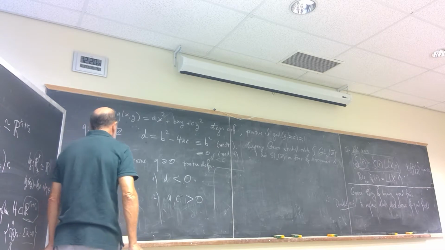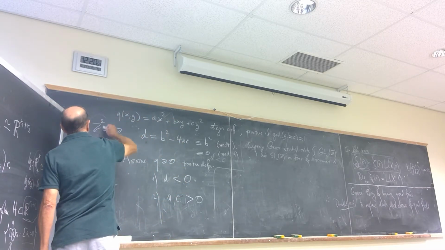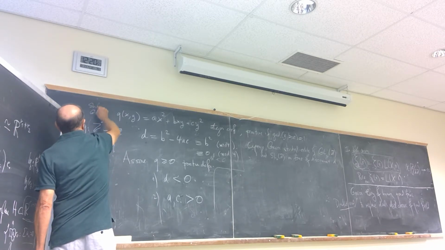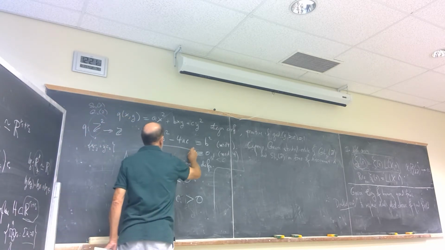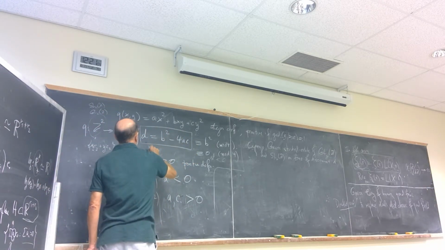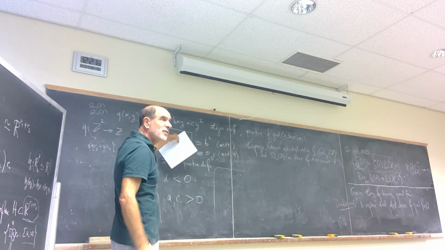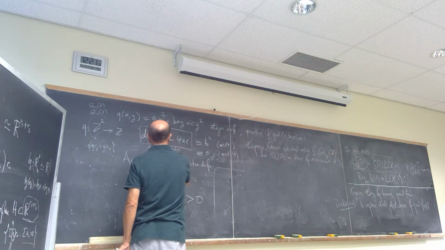So you would get a different binary quadratic form, different A, B, C, if you changed your basis by an element in GL2 of Z or by an element in SL2 of Z. And it turns out that under a change of basis, the discriminant is an invariant. Namely, A, B, C changed, but the discriminant remains the same.